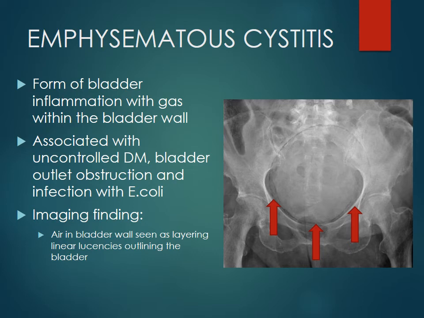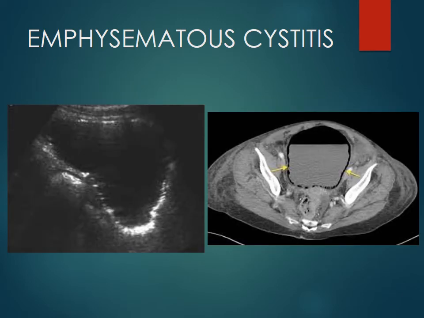And as shown in the image on the right side, there are lucencies that appear to outline the urinary bladder, which would signify emphysematous cystitis. On ultrasound, this air within the urinary bladder wall would be identified as echogenic foci with dirty shadowing, as seen on the image on the left side.